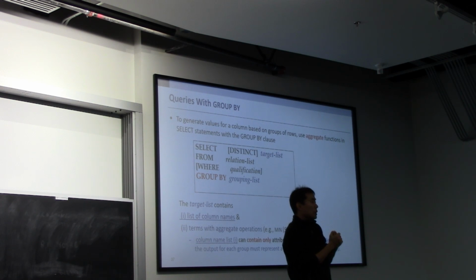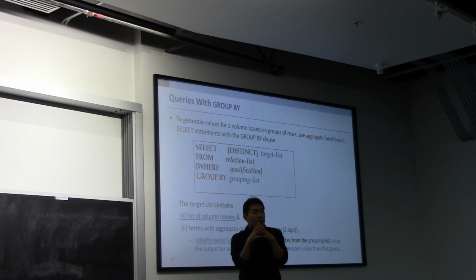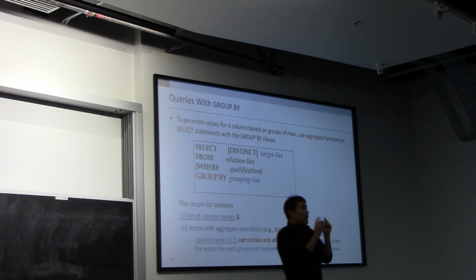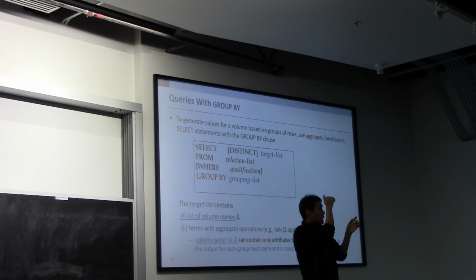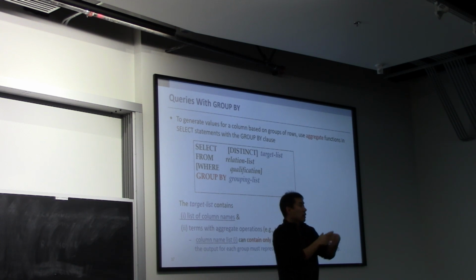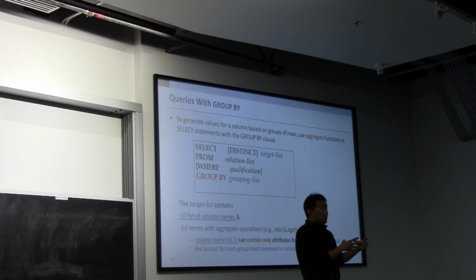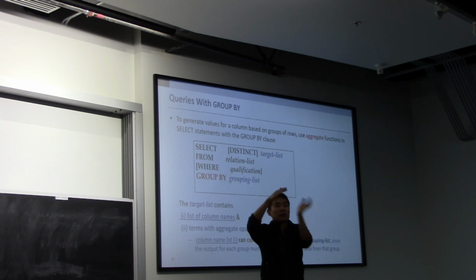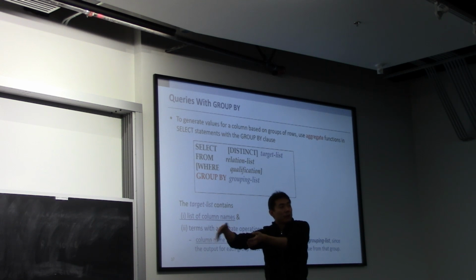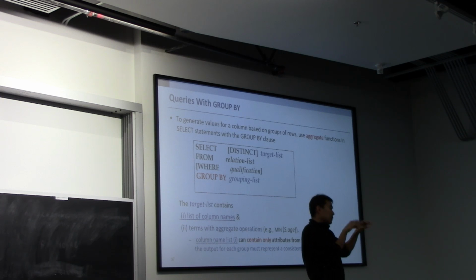A composite grouping condition means that it's a group by with more than one attribute. For example, I can group by department name and age. What happens is I first group CS students into one group, math students into another group, history students into another group. Then within each group, I further divide them into subgroups by their age values.